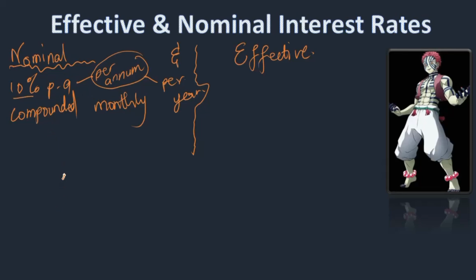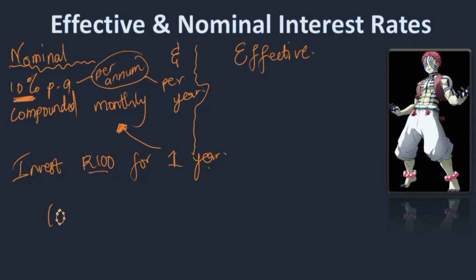For example, let me give you an example. Let's say you're investing 100 rands for 1 year, right? At this nominal interest rate. Naturally, if you're investing 100 rands for 1 year, and we are saying that your money must grow by 10%, basically we are saying 10% of 100 rands, right?